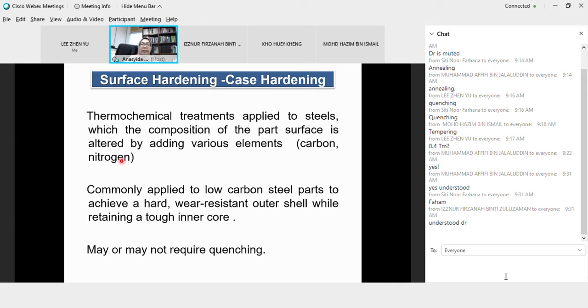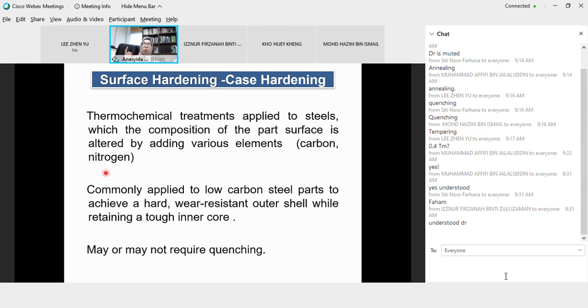So it depends. Kalau kita guna nitrogen, kalau kita diffuse nitrogen, you don't have to go for quenching, because we have to make sure that the steel has a former that can form compounds with nitrogen. You need something like aluminium that can form a compound with nitrogen and harden the surface.